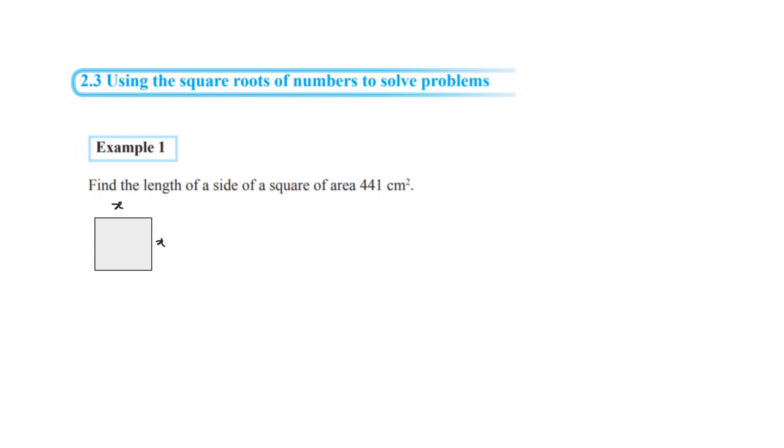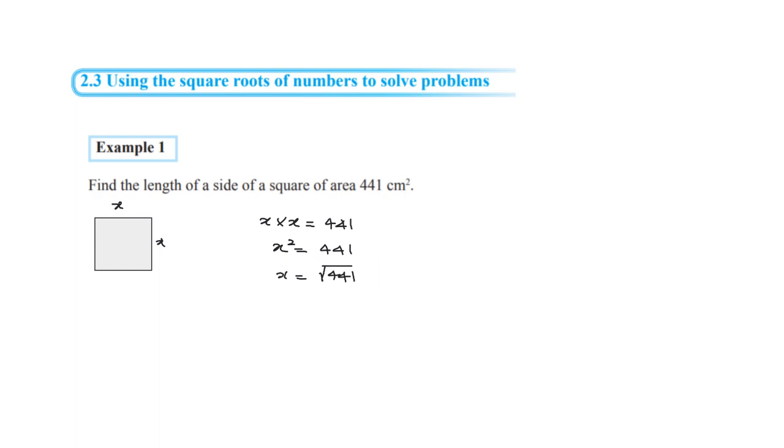How to get the area of a square? x into x. That is equal to 441. So x squared is equal to 441. Then x is equal to the square root of 441.